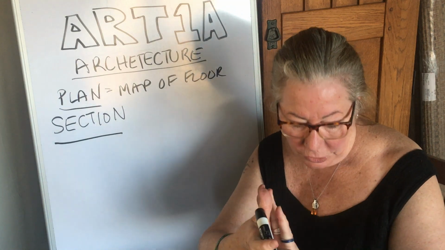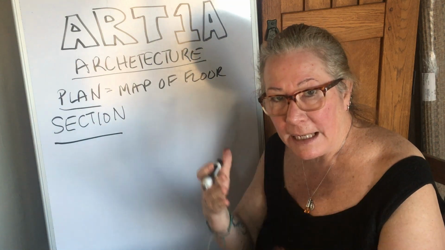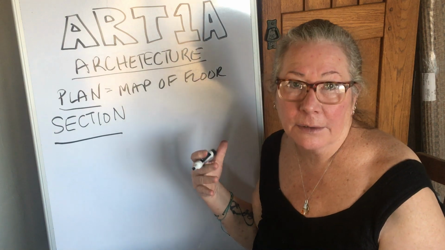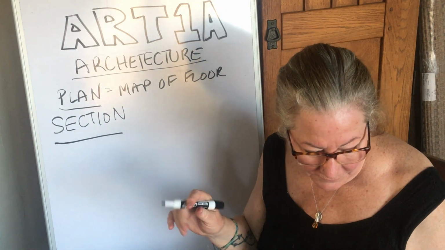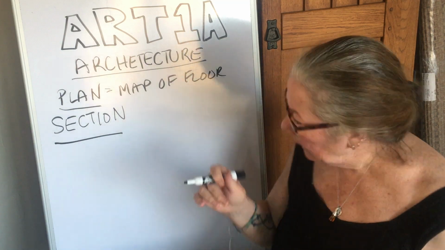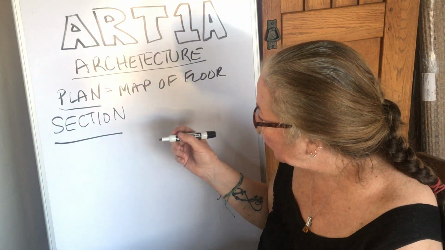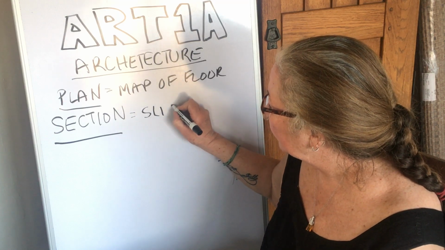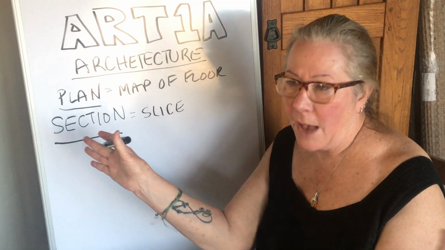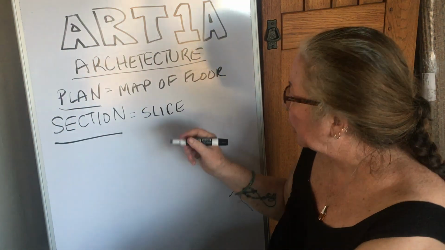If it's a longitudinal slice, it would be the length, okay? So it gives you kind of an idea of that. A section is just like a slice through the middle of the building. Like if you could just slice something in half, you could see that section.